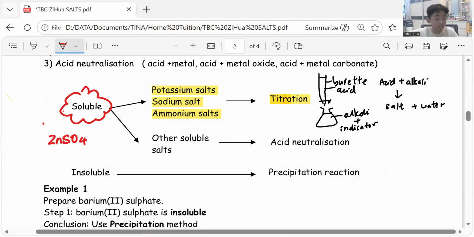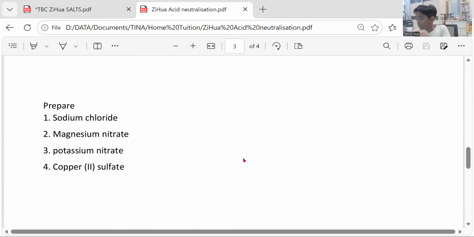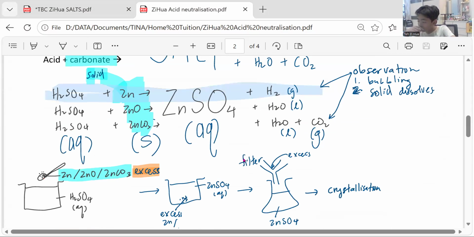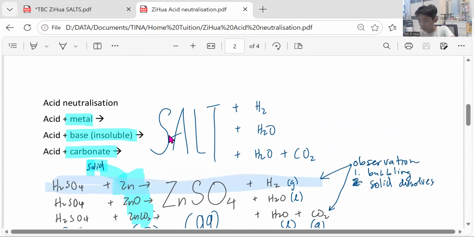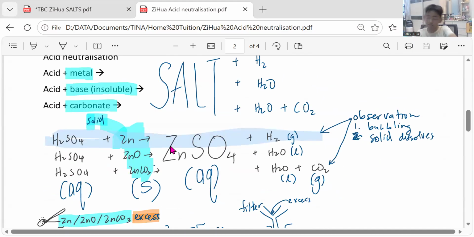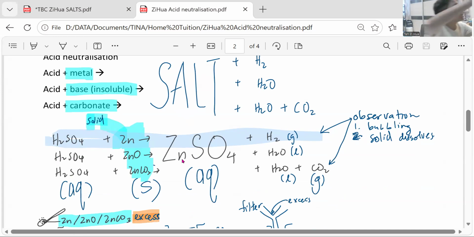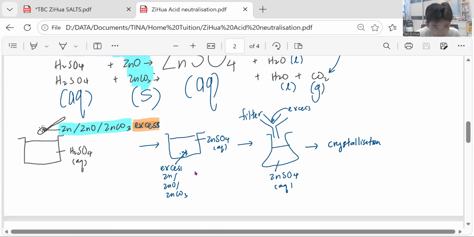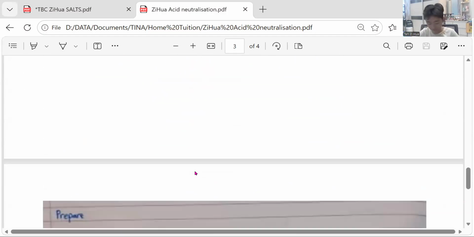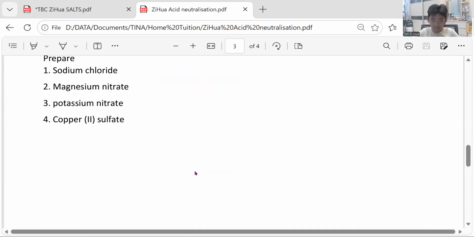Soluble, correct. So I taught you last week, if it's soluble, then we use acid neutralization. For example, acid and metal, acid and base, acid and carbonate. You remember this part? Okay, so we finished already.